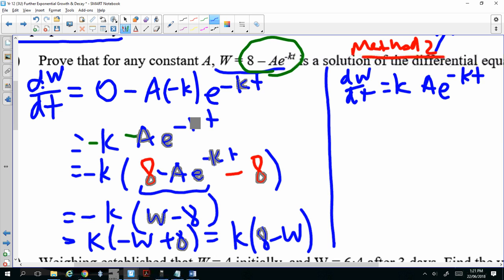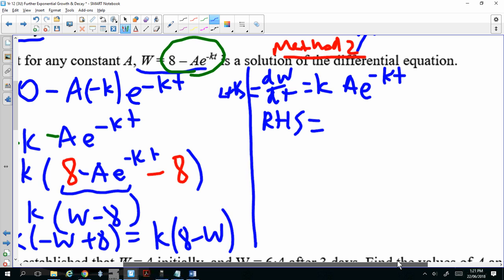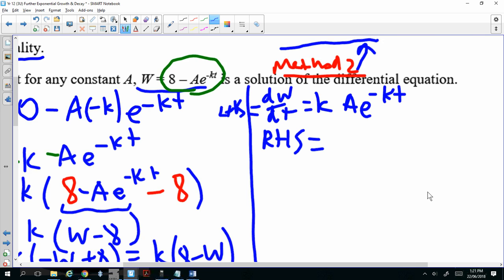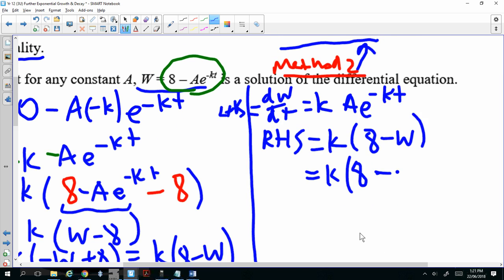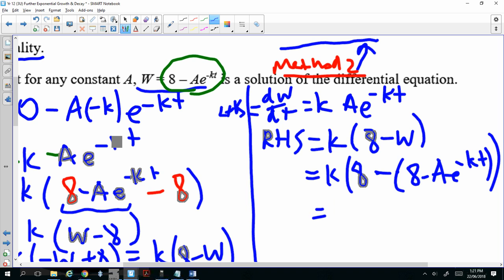Okay, so let's do the right-hand side. The right-hand side is k(8 minus W). And then replace W by, W is 8 minus a e to the power negative kt. And then you just expand 8k, 8 minus 8 plus a, which is equal to ka. So you can do it on both sides. If you want to, you can do it that way.